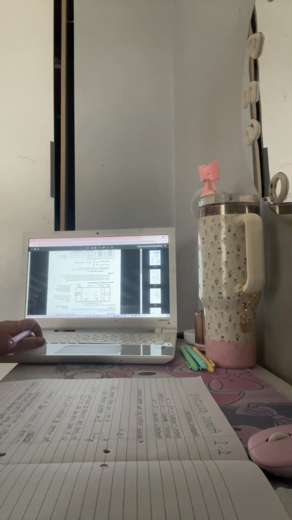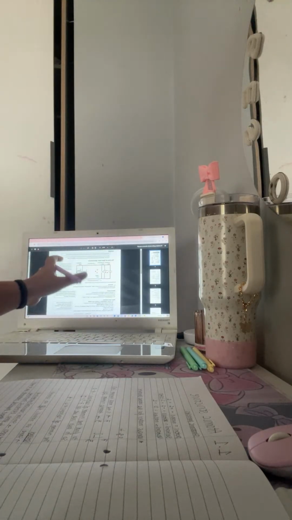Okay, now we've come to this. Now, this kind of looks horrifying, but trust me, it's okay. So this is called the time of flight mass spectrometer.